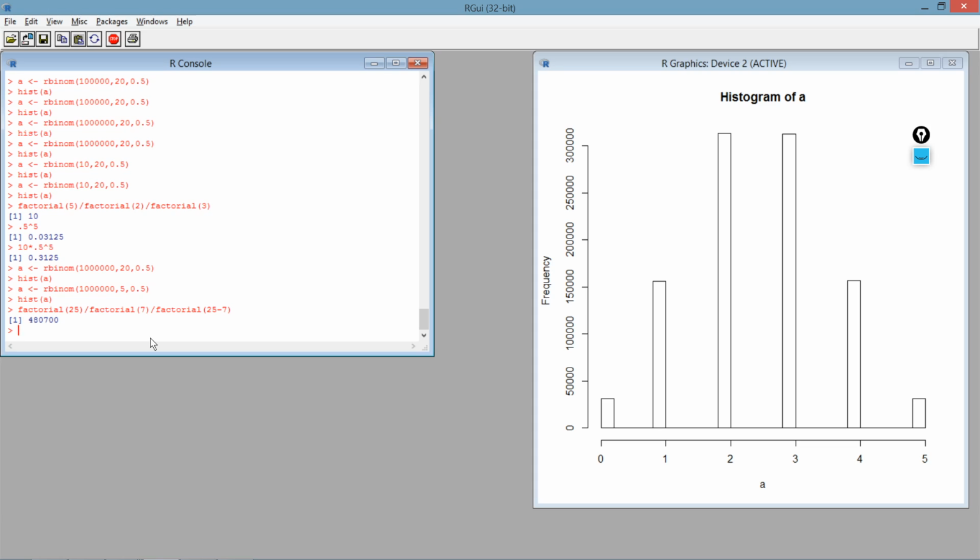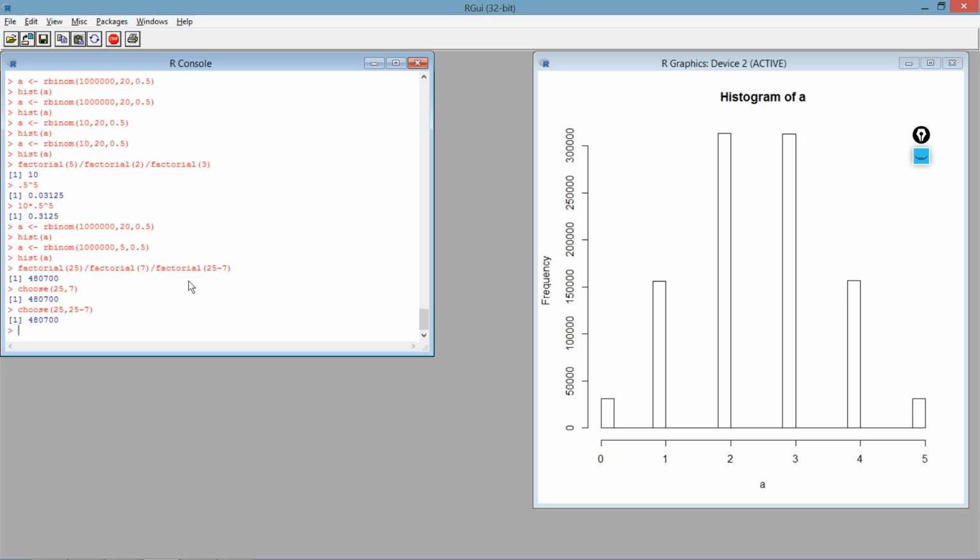You don't want to do sample space for that, but I can also just do choose 25 7, and this is 25 choose 7, 25 combinations, 7 success combinations. Notice that this is the same thing as 25 choose 25 minus 7. Pretty nifty, huh? Because it doesn't matter.